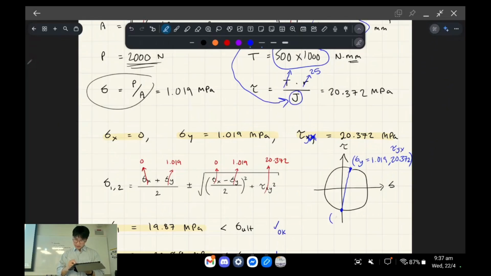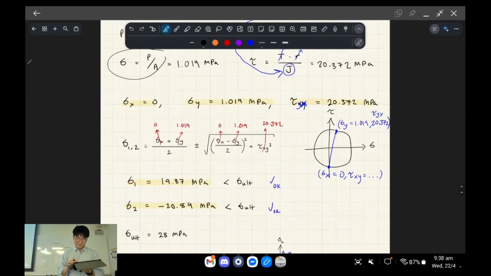Down here is sigma x, so that's 0, because we're not putting it into horizontal compression. Sorry, I should have drawn this the other way because it's in compression, isn't it? Anyway. And this one is the opposite sign of whatever you got for this one, okay? So I didn't draw that very well, but you get the idea, right?